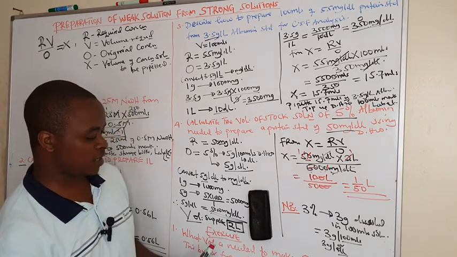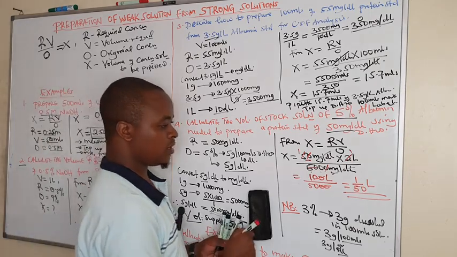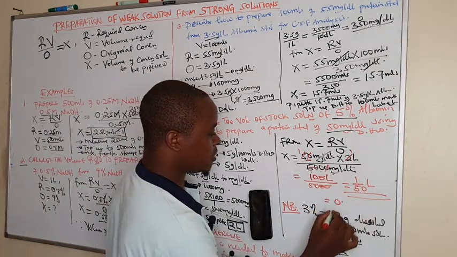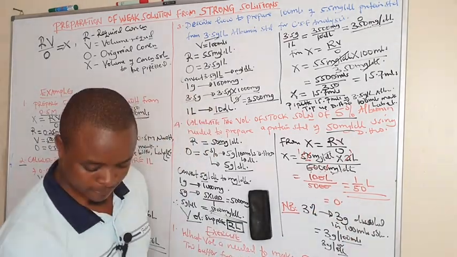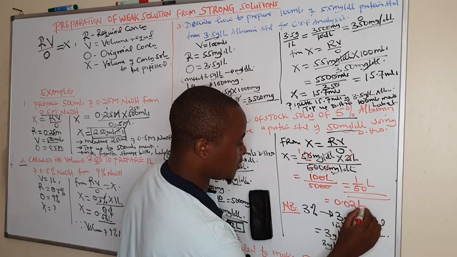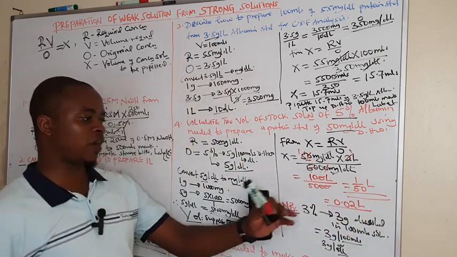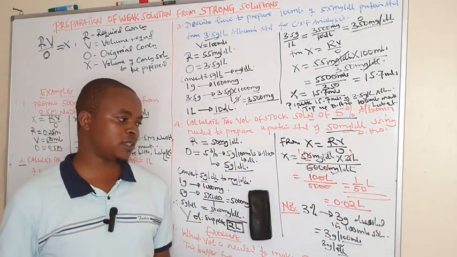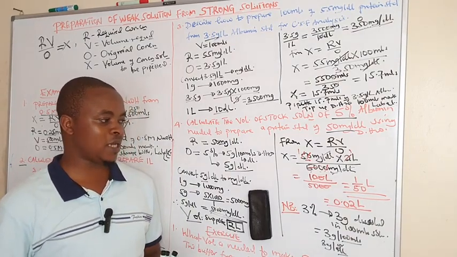And here we are being given that this one is the same as 0.02 liters. If you want, you can even convert it to microliters or mils, whatever you want.